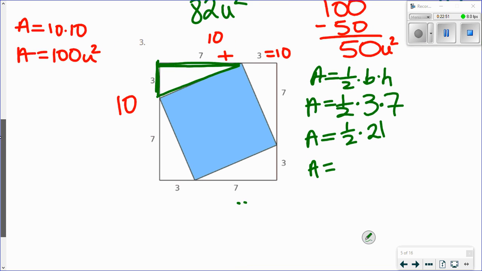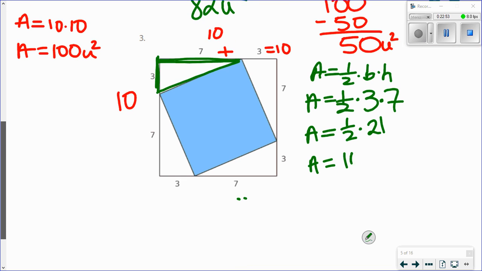All right, so we've got our 10.5. And again, that's just for one of these white triangles here. And I need to know what is that negative space for all 4 of them. So I'm going to multiply my 10.5 times 4. Remember, 4 groups of 10 is 40, and then I have 4 groups of halves. So that would be 42 square units of negative space.